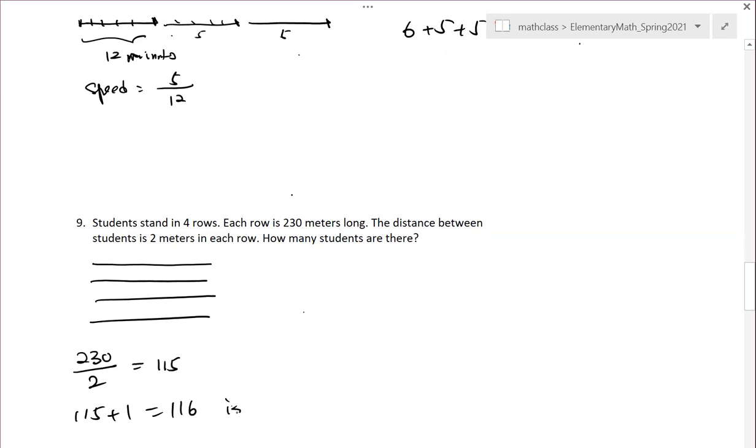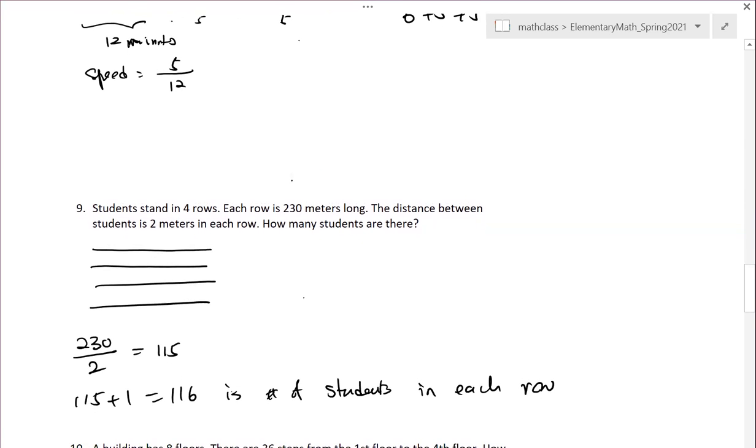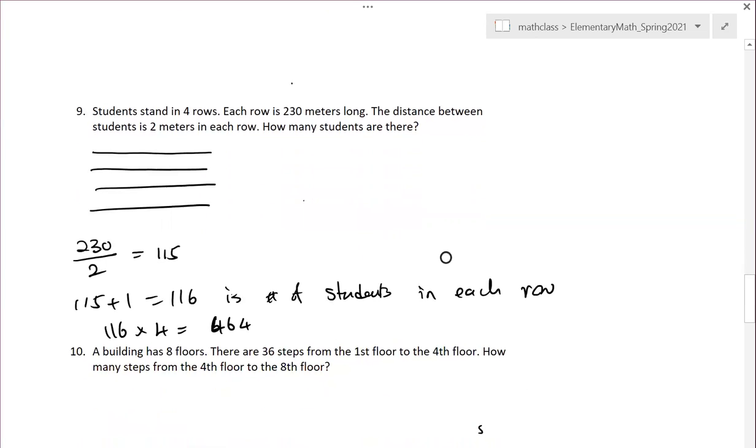This is the number of the students in each row, right? So the answer will be 116 times 4. That's it, right? So the total number of the students will be 464. Okay. Good. So this time everybody got the right answer.